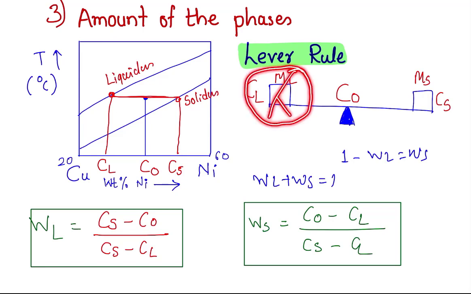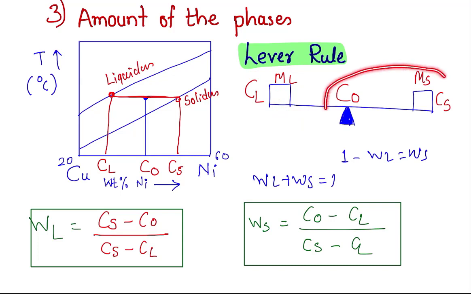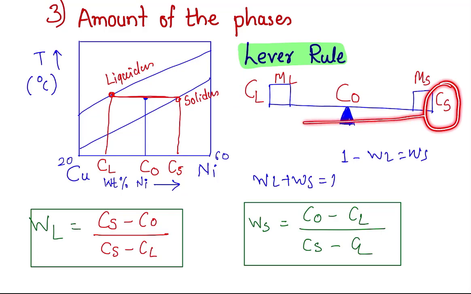Now we are remaining with these two, C0 and Cs. So you have to subtract smallest from the largest one. Smallest here is C0 and largest is Cs. So you have to write here Cs minus C0 upon the largest concentration minus lowest concentration. So here largest is Cs minus lowest is Cl. That will give the weight fraction of liquid phase.